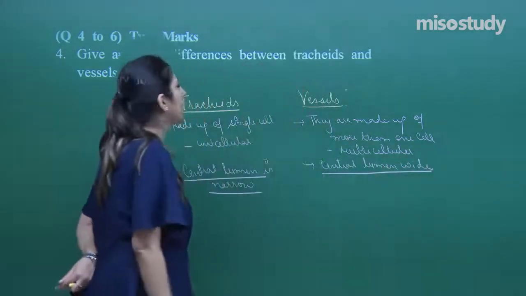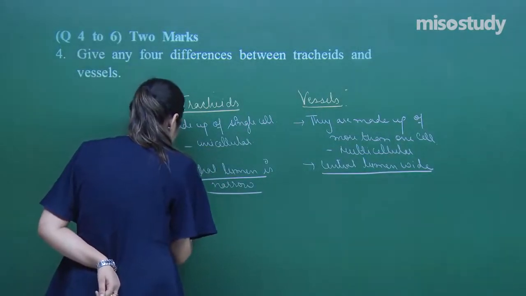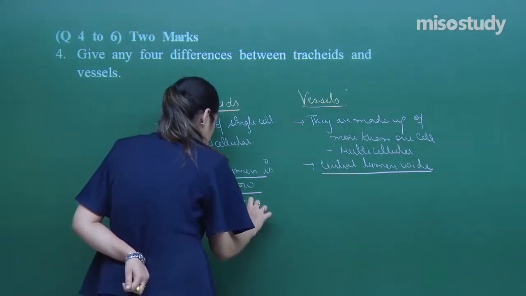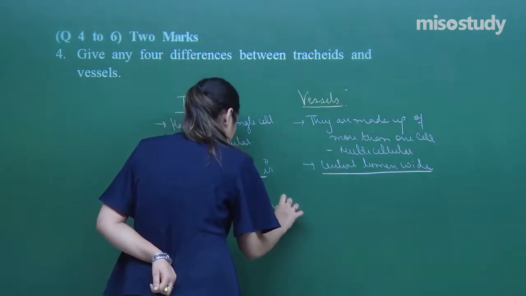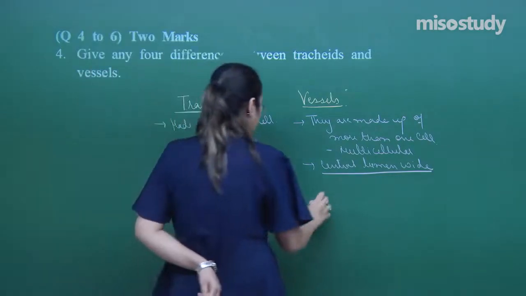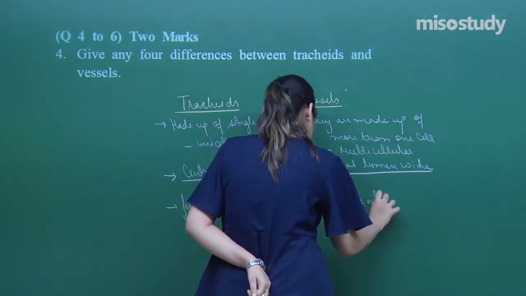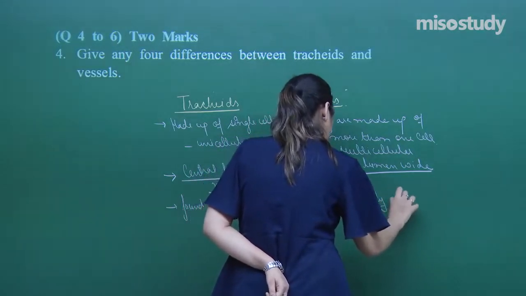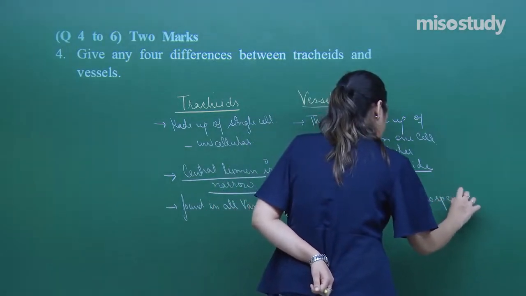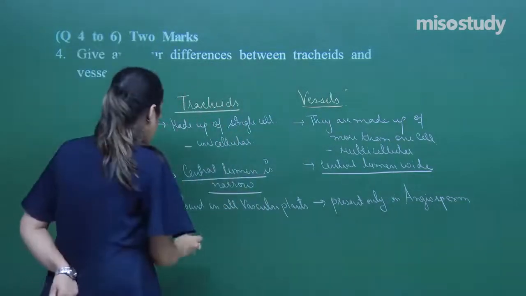Tracheids are found in all vascular plants, whereas vessels are present only in angiosperms. Now let's talk about the end wall.